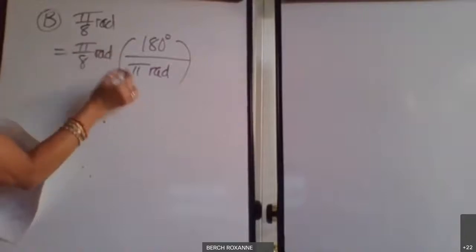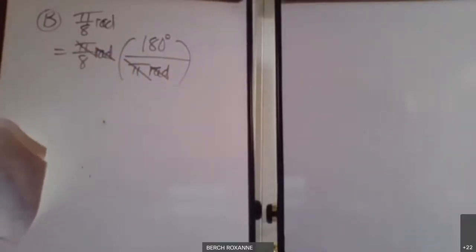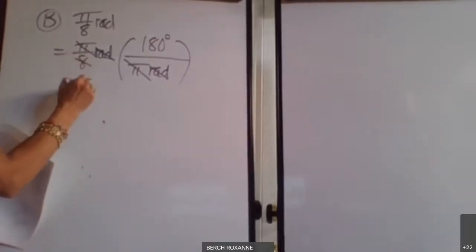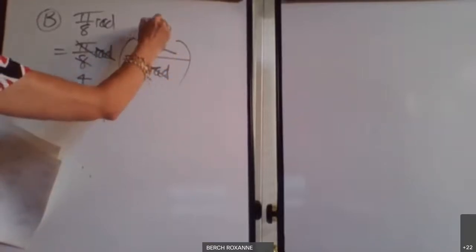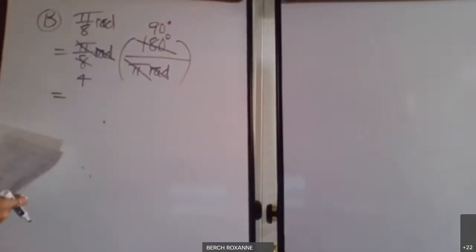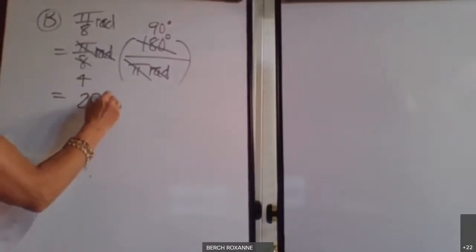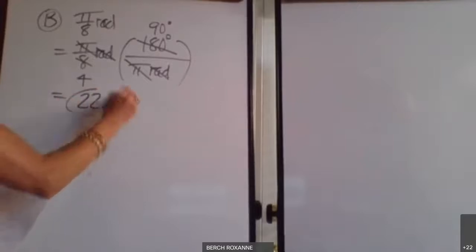So now can't you cancel the radians and pi? 2 goes into 8 4 times. 2 times what is that? 90. So what's 90 divided by 4? 22.5 degrees.